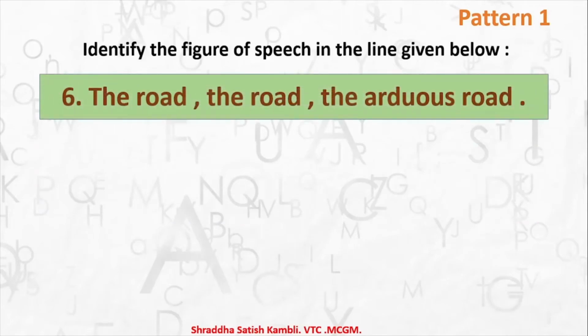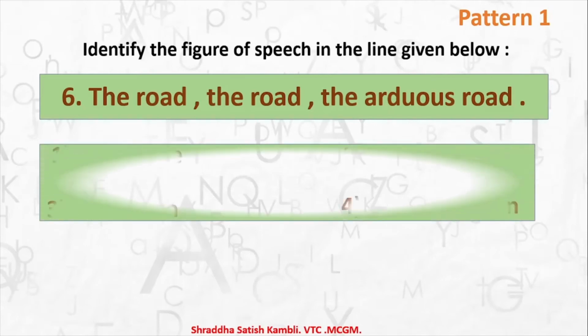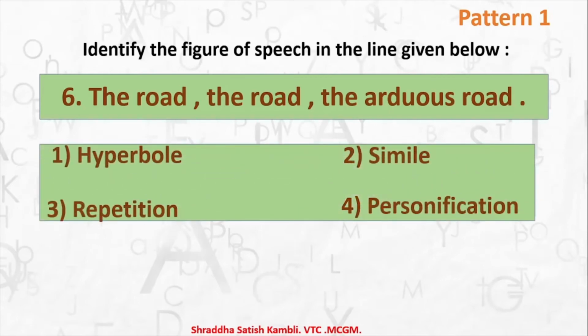I am repeating the pattern of the question with each new question because it is very important for you to understand the question. So identify the figure of speech in the line given below. The road, the arduous road. Yes, so this is also very simple. Why? Because some words are repeated.